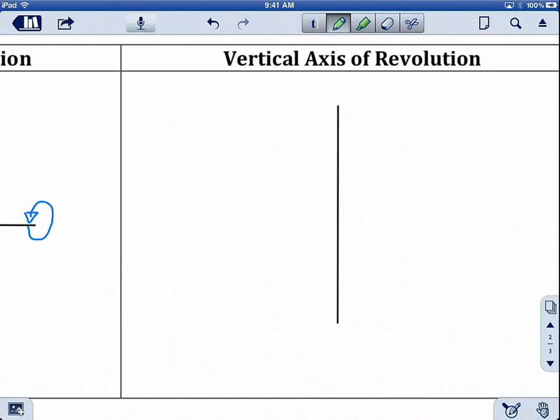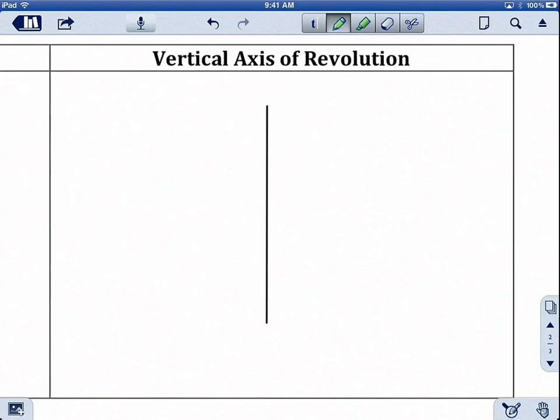Now let's take a look at a vertical axis of revolution. So here we'll just draw this function. We'll call this f of x. And if we revolve this around a vertical axis, we're going to get it on the other side here.